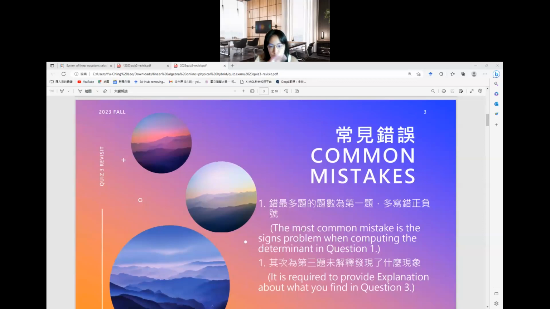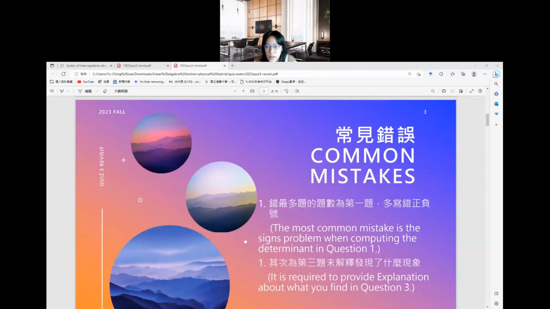And you need to alternate the plus and minus signs in the computation of the determinant. If you continually use plus, then you will not get the correct answer for the determinant. The second one is that question 3 requires you to explain what you find about the area of determinants.